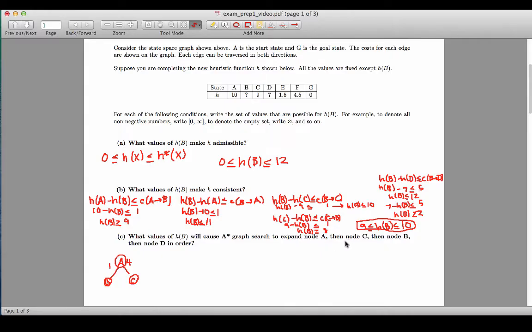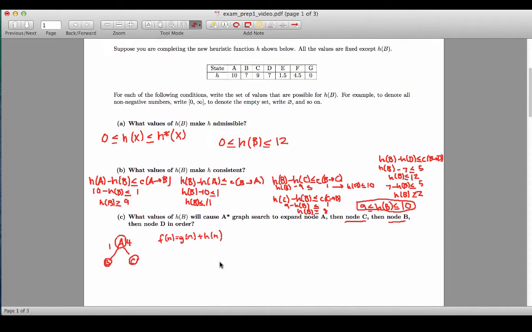Next, we need to check when node C will be expanded before node B, and what values of h of b will make that true, and when node B will be expanded before node C. In A star search, nodes are expanded by the f function, which is equal to g of n plus h of n, where g of n is the cumulative cost and h of n is the heuristic of that node.